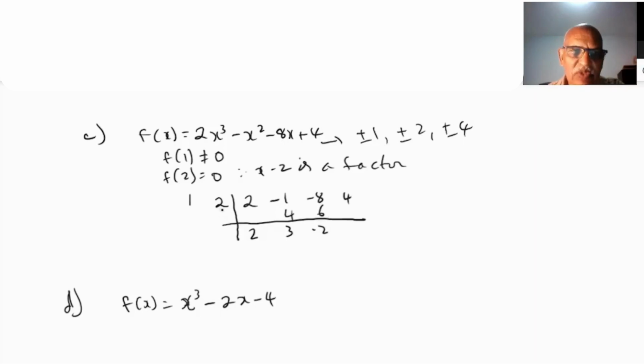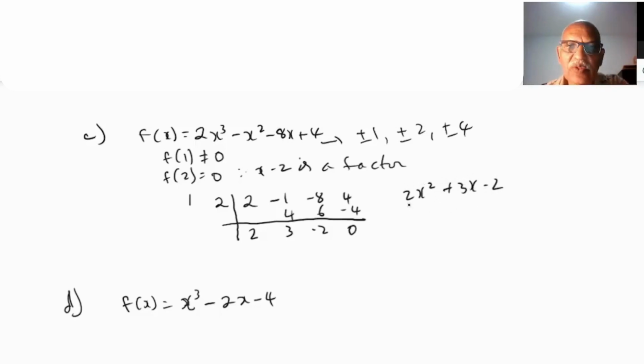Negative 2 times 2 is negative 4. I add the last column, it must be 0 if x minus 2 is a factor. Now these are the coefficients of the quotient. Therefore, it's 2x squared, because the highest power was 3, plus 3x minus 2.